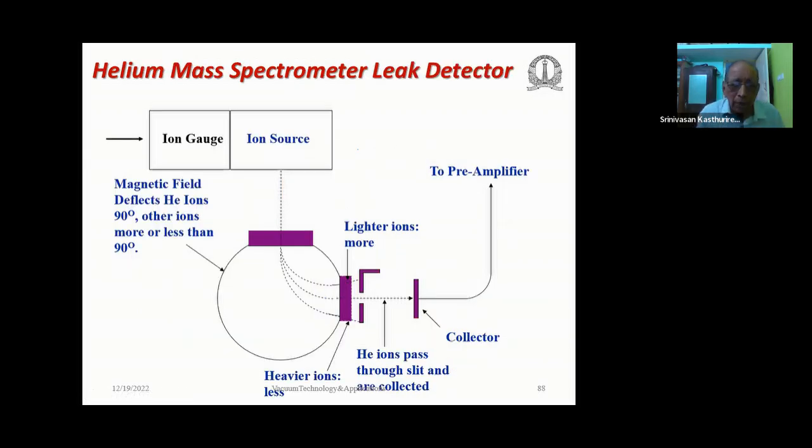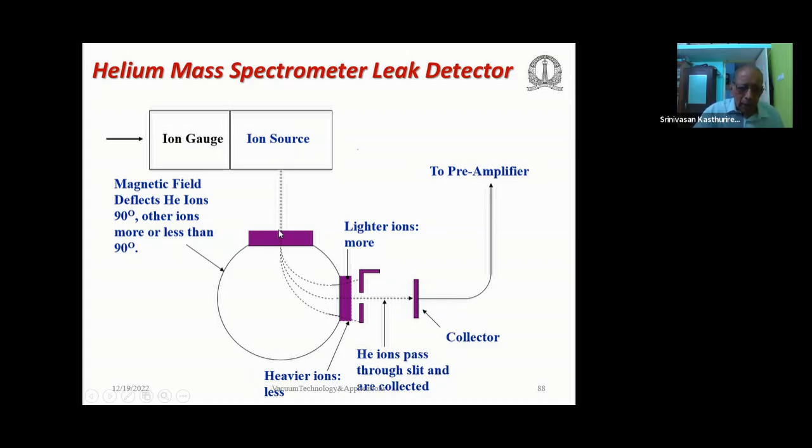Okay, how does a mass spectrometer leak detector work? A mass spectrometer leak detector is normally tuned for helium gas. There is an ion source, and the gas from outside, from your vacuum system, is ionized and enters the mass spectrometer zone as ions.